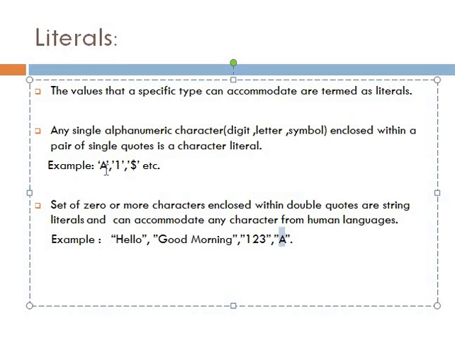So here this letter A is a character, as it is enclosed within single quote, and here in this case this letter A, when it is enclosed within double quote, this becomes a string.